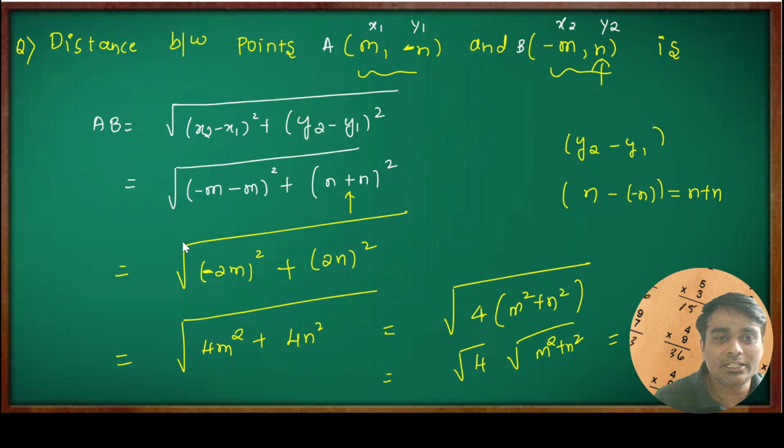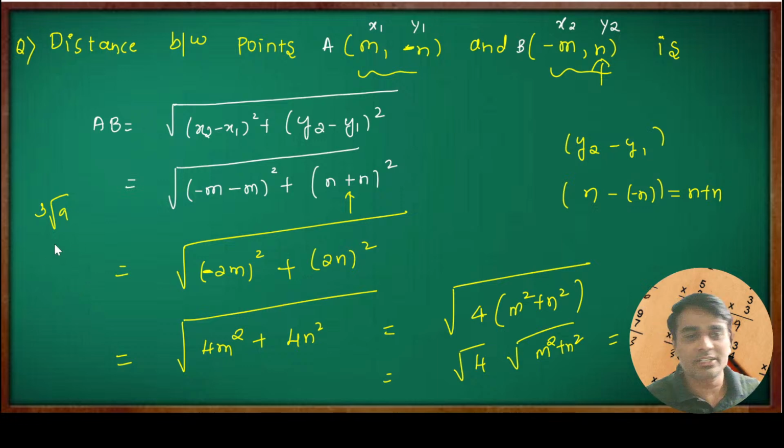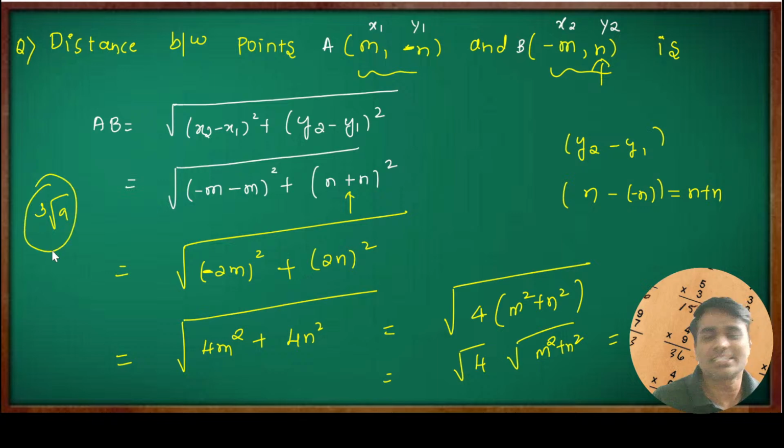Now in this question 9 came, right? So did you see, I just kept it as cube root of 9 only. I did not start fighting with it. Just keep it as it is, so you don't get such numbers. If you get, just keep it as it is, no need to worry. You will get perfect cubes only most of the time.